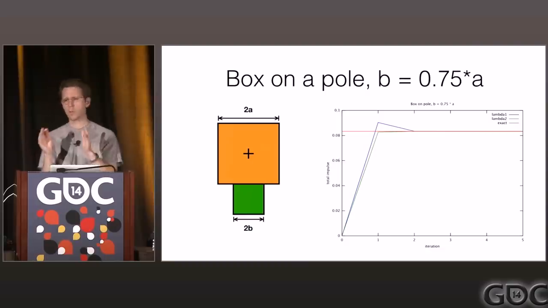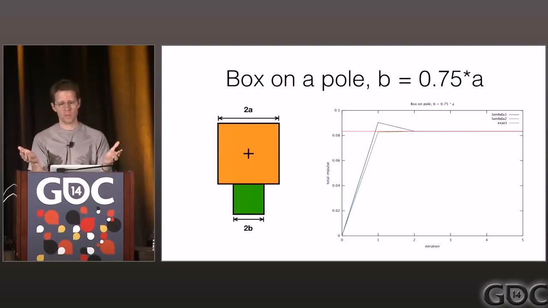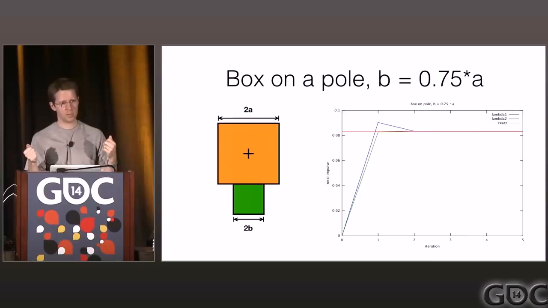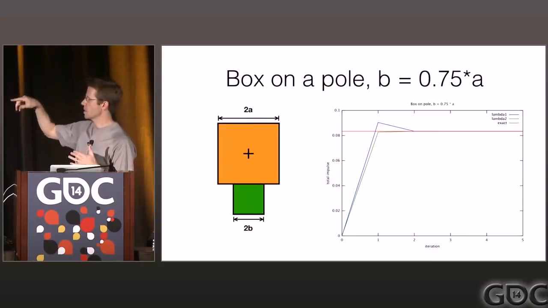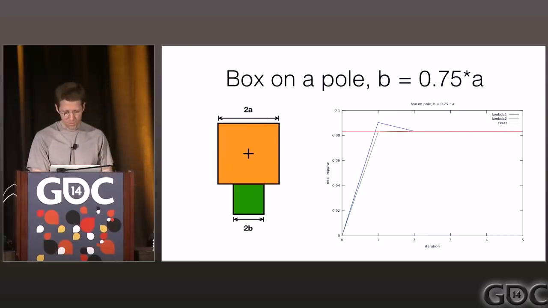So let's see how this plays out in a simulation. All right, so with the pole at 75% of the width of the box, already I got some overshoot. So this shows that we need to clamp the accumulated impulse. Otherwise, you would never be able to back off of that overshoot and get to that exact solution. And in this case, convergence is still good, just 2 iterations.